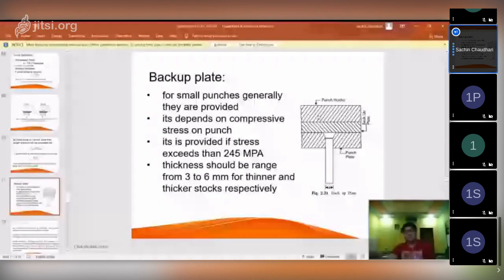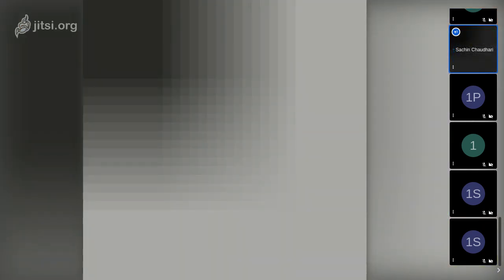This is another advantage of using a backup plate, which prevents the hardened punch from being pushed into the softer punch holder and becoming loose in its position.